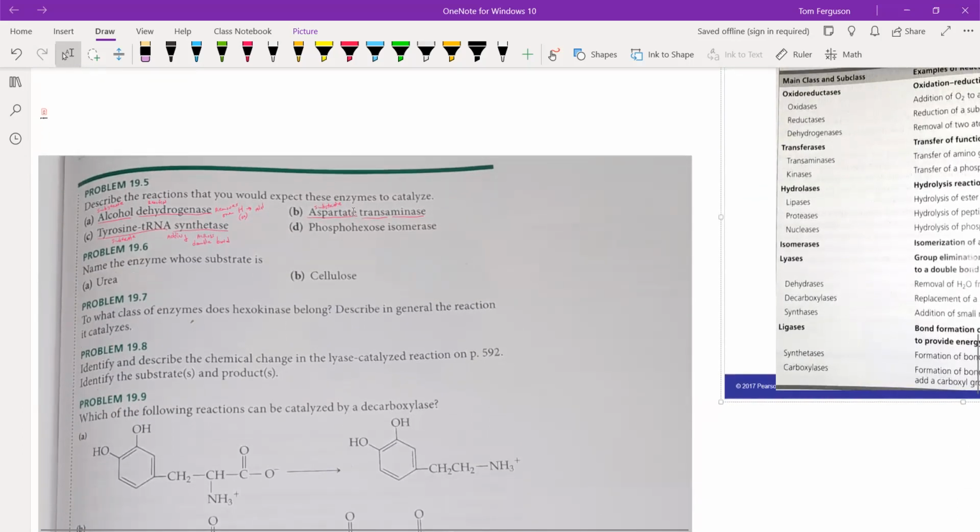So it's going to take the amine group off of aspartic acid, an amino acid, and transfer it to something else. So transaminase needs its source of the amino group. Here it's getting it from the amino acid.